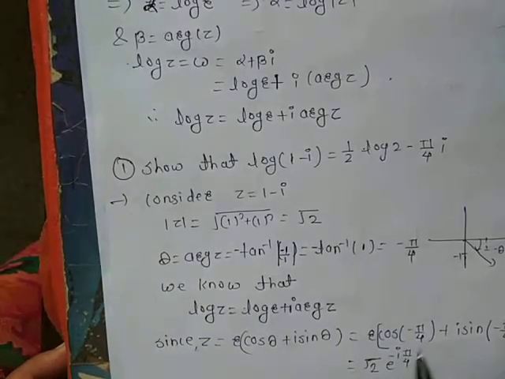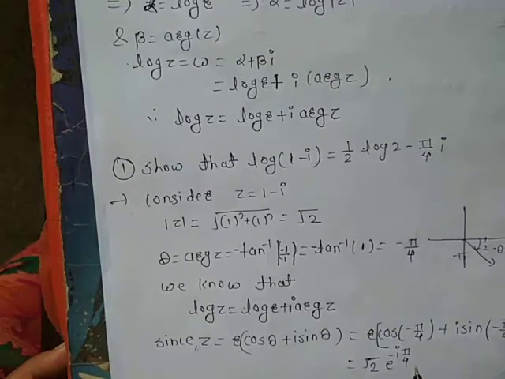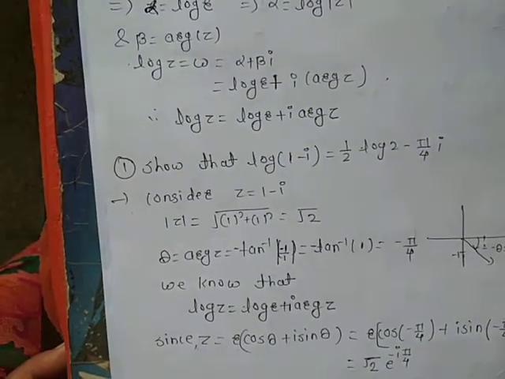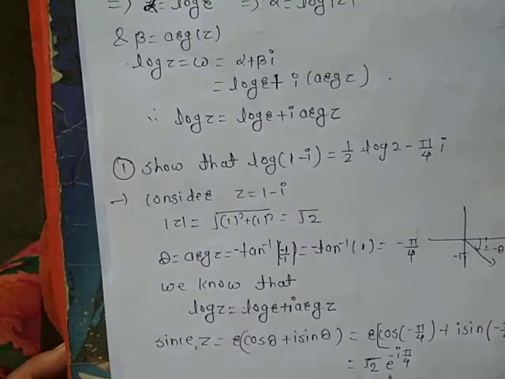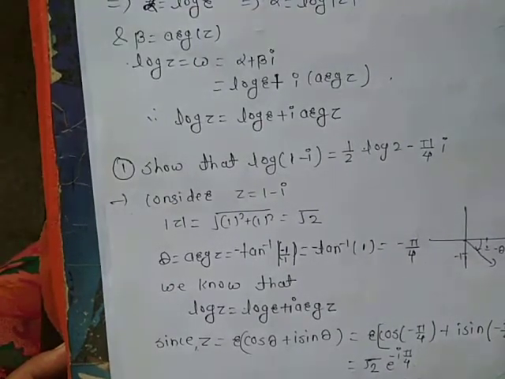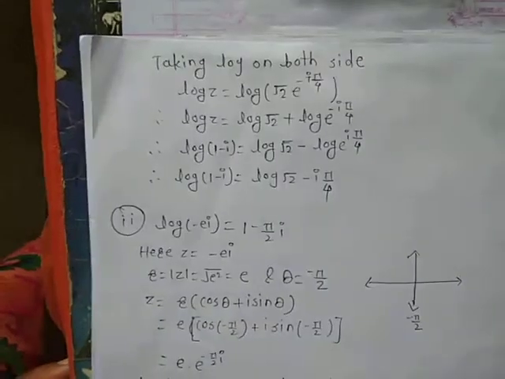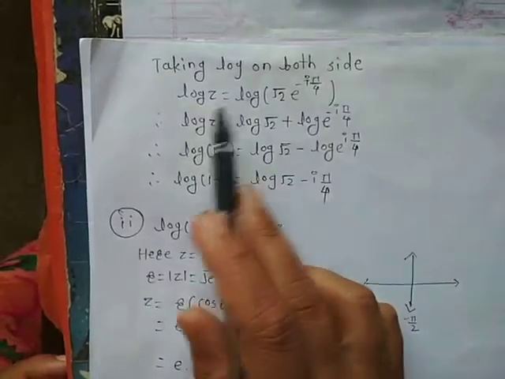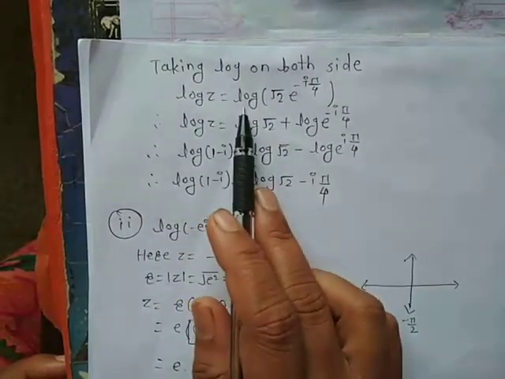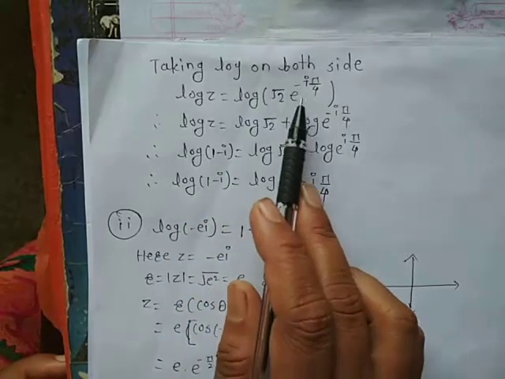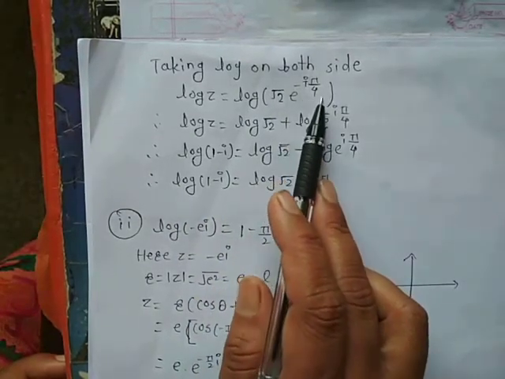By Euler's formula, this is e raised to minus i pi by 4. Means z is equal to under root of 2 e raised to minus i pi by 4. Taking log on both sides, log z is equal to log of under root of 2 e raised to minus i pi by 4.